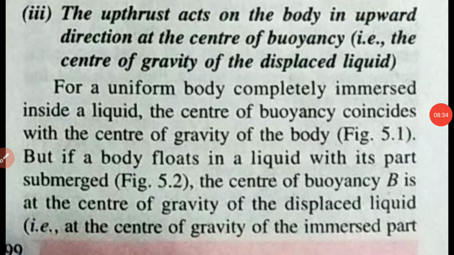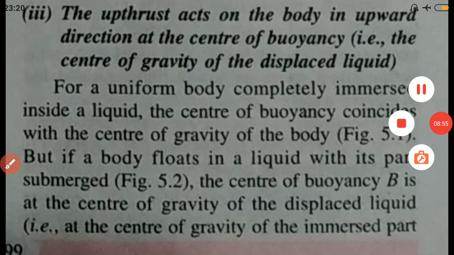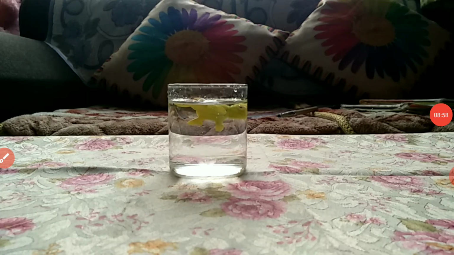Coming back to the book: for a uniform body completely immersed inside a liquid, the center of buoyancy coincides with the center of gravity of the body. Let me try to explain this. They are telling us to go to figure 5.1. Now consider an object. This object should have some center of gravity here, right? This point can be considered as the center of gravity, CG.